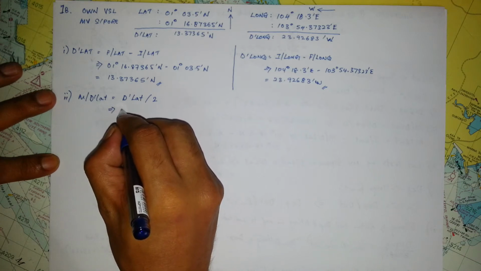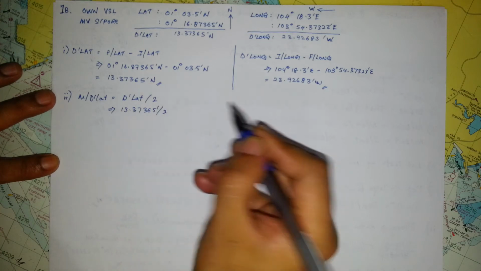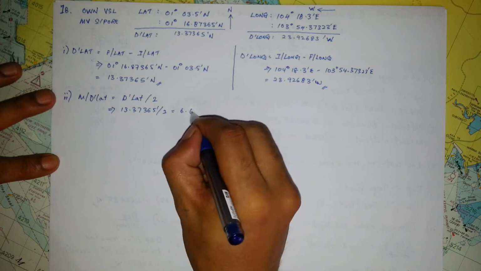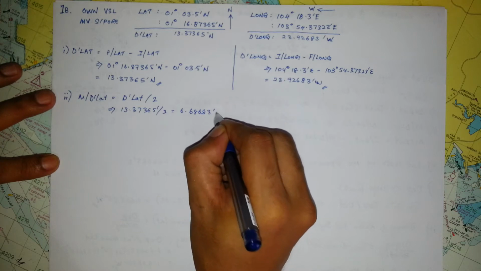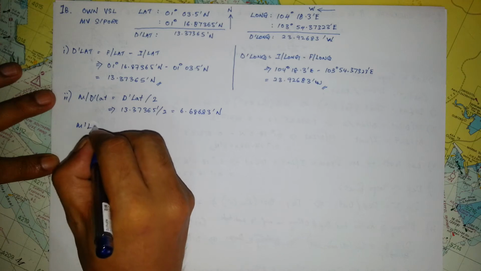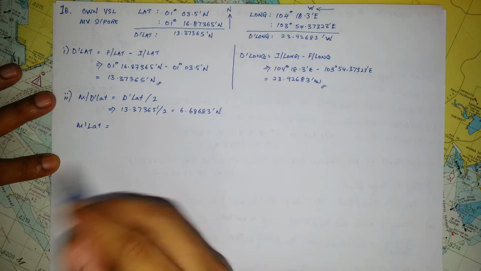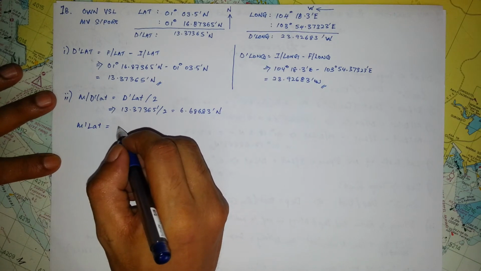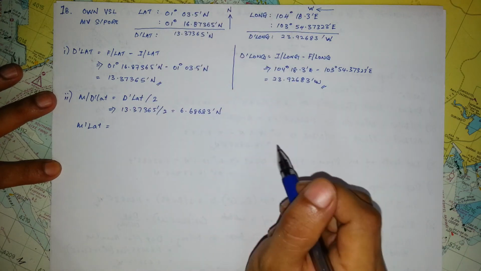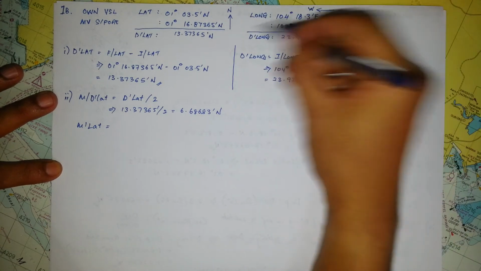So 13.37365 divided by 2, and you will have our mean D-lat as 6.68683 minutes north, and therefore the mean lat equals, because this is still north and you're north, so you add up the initial with the mean D-lat, because now we have this information.